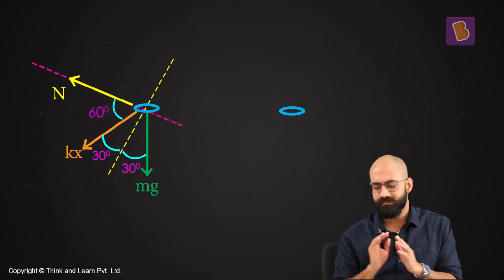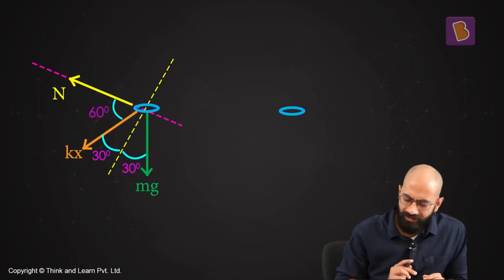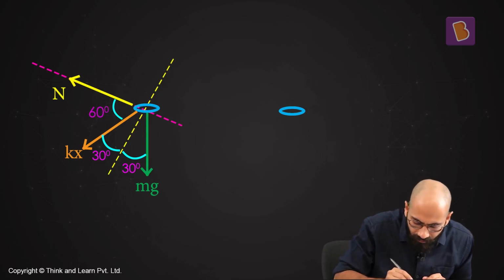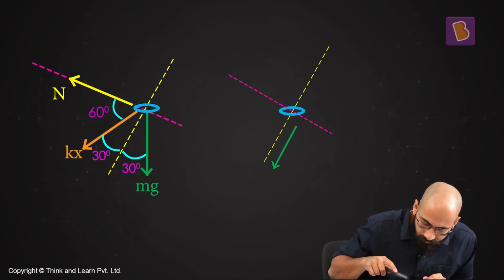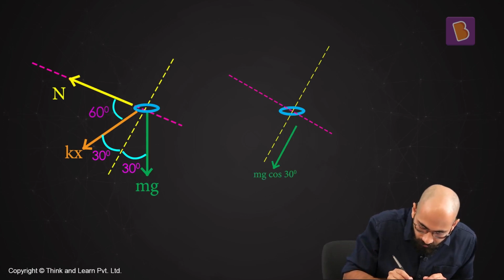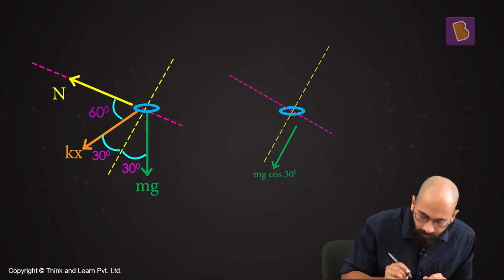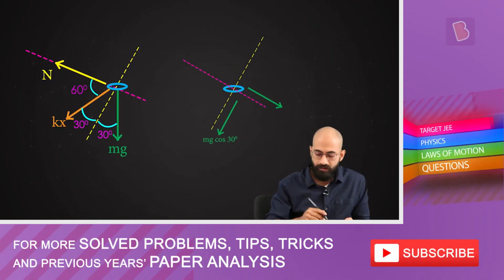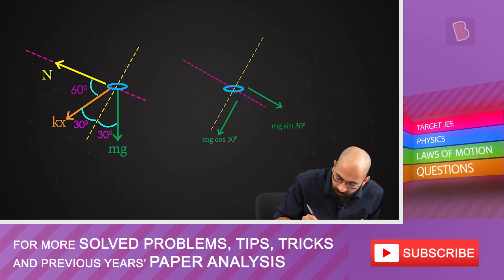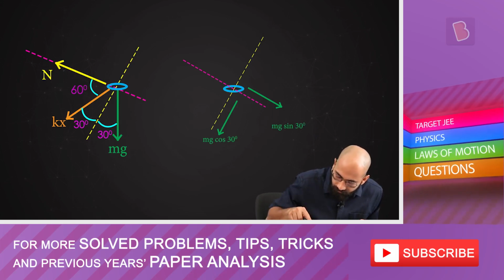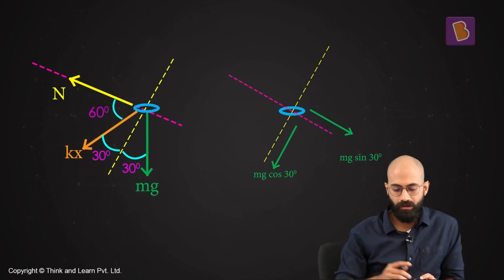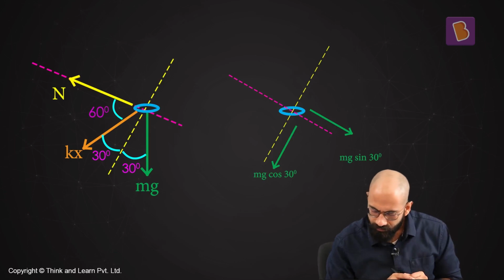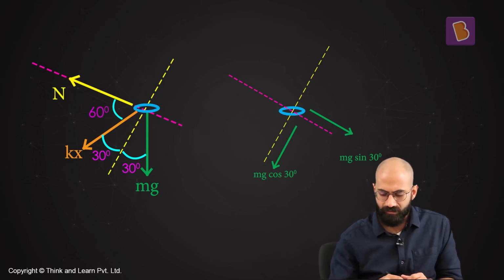So first let me resolve mg to make things simple. Mg, if I resolve in these directions, there will be one vector in this direction which is mg cos 30. Correct? And there will be another vector in this direction which is the radial direction, right? And that will be mg sin 30. Alright. What else? Then we have, let's resolve kx.